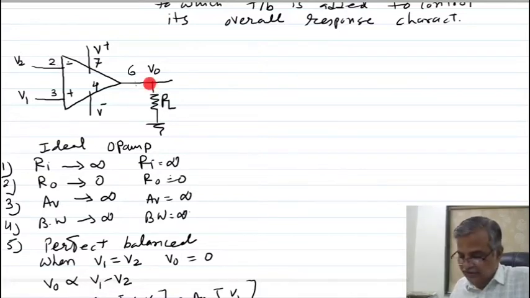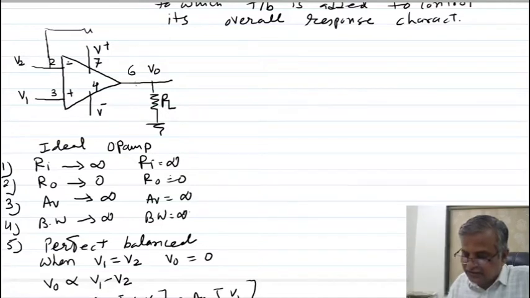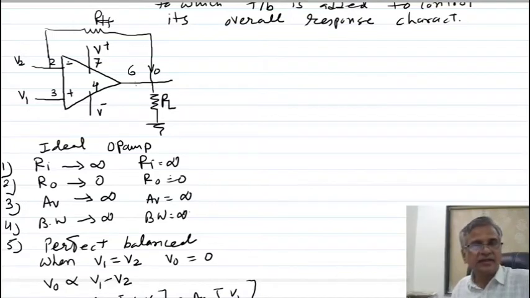If I am connecting this output voltage to the input through this resistance, then it is called feedback. This is called closed loop operation.